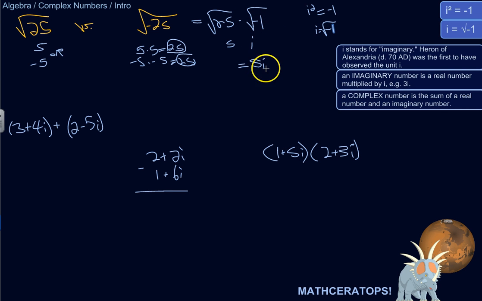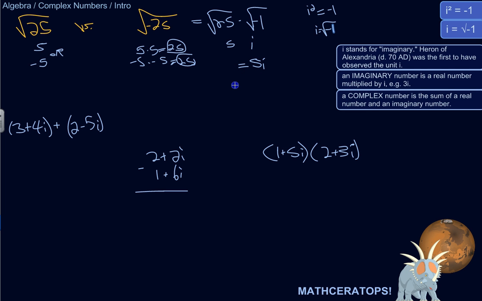Okay, so 5i is an imaginary number. It's a real number multiplied by this strange quantity or unit called i. So a complex number is the sum of a real number and an imaginary number.